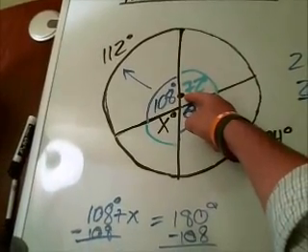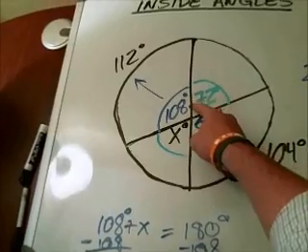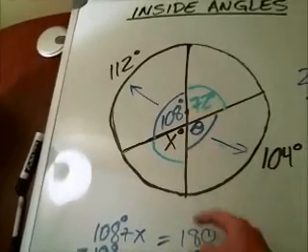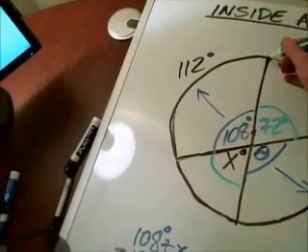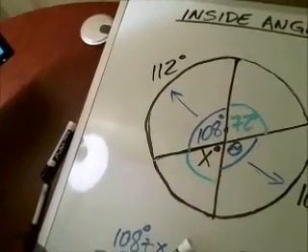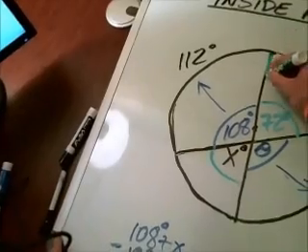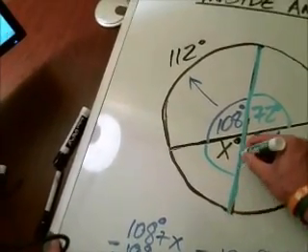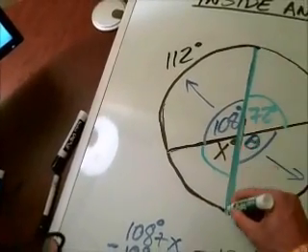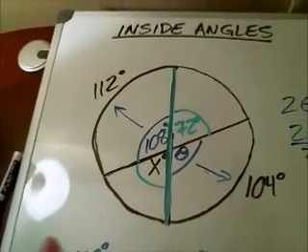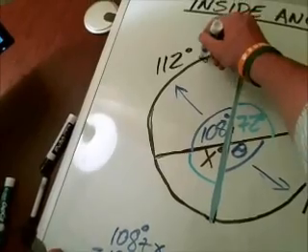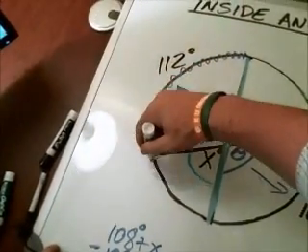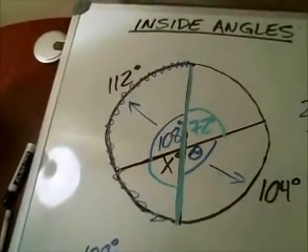Notice here's the center. Okay? Now I didn't really do the best job, but watch this. What if I told you that this line straight down the middle was actually a diameter? Now, if I tell you that that's a diameter, that means that this part here was really a semicircle.